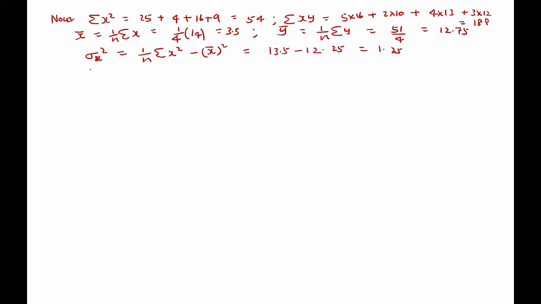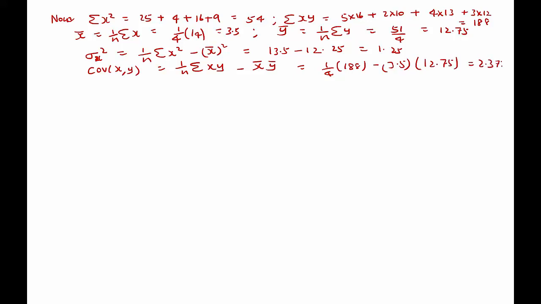Okay. Now, covariance of x comma y is 1 by n times summation xy minus x bar into y bar. So that is 1 by 4 into 188 minus 3.5 into 12.75. So this simplifies to 2.375.